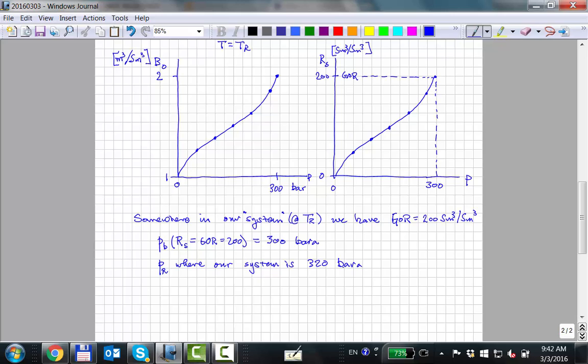It's 320 bar where I took that oil. I want to make calculations in my reservoir model at 320 bar for this particular oil. It might be, for example, at the water-oil contact.